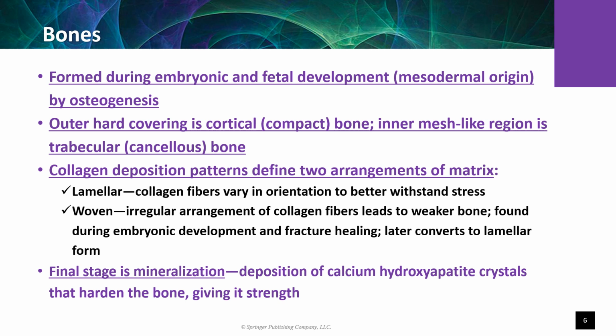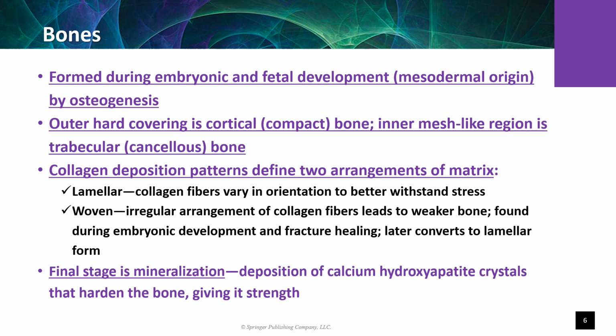Bone tissue is produced and maintained through regulated interactions among three various bone cells: osteoblast, osteocyte, and osteoclast. Osteoblasts are derived from mesenchymal cells and are the cells that secrete the osteoid, or the organic bone matrix.